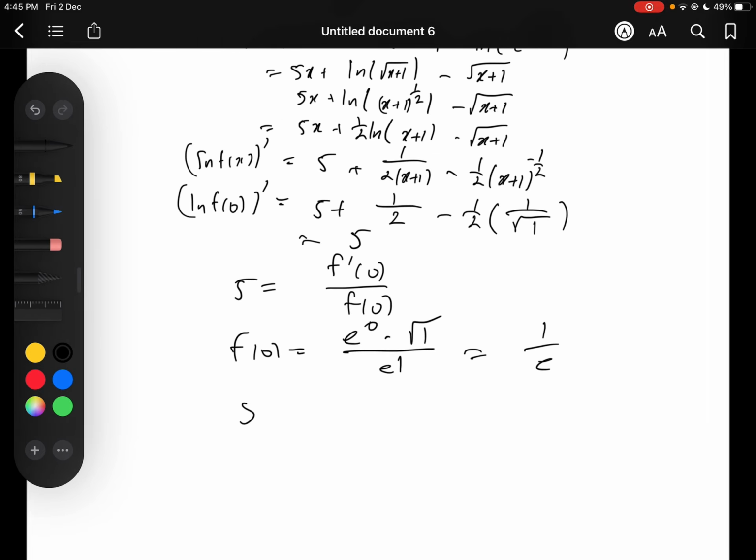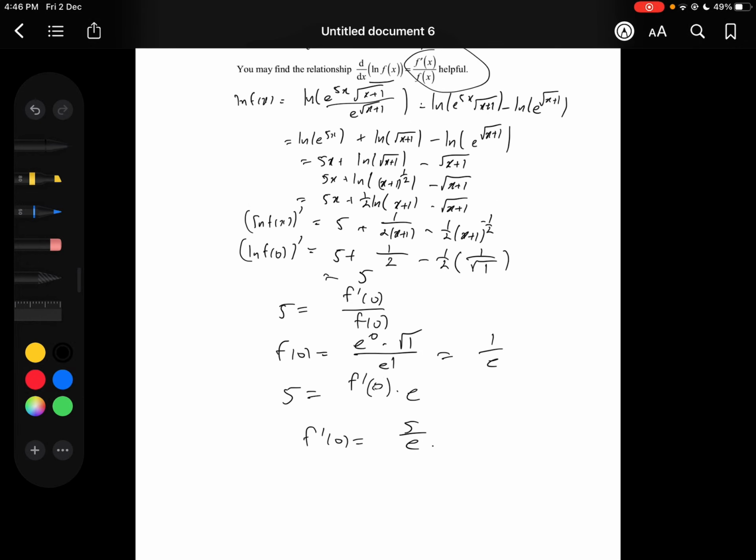So now we have 5 equals f dash of 0 over 1 over e. Dividing by 1 over e is just multiplying by e. So f dash of 0 equals 5 over e.